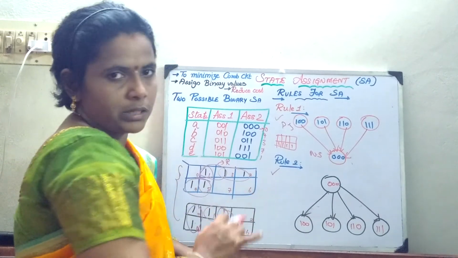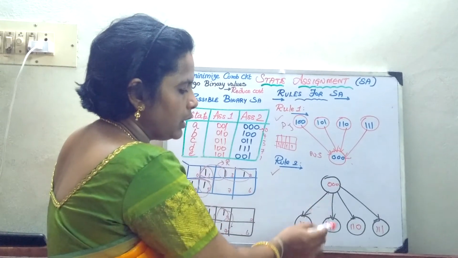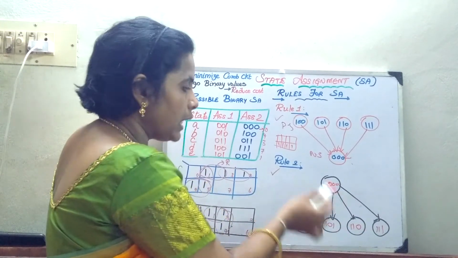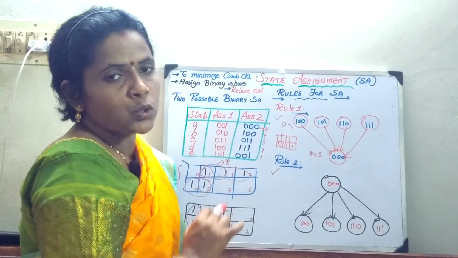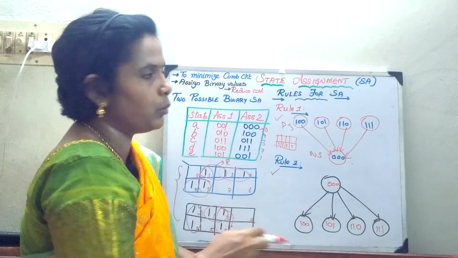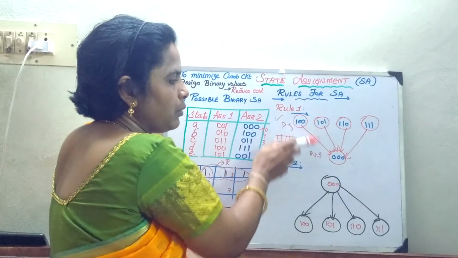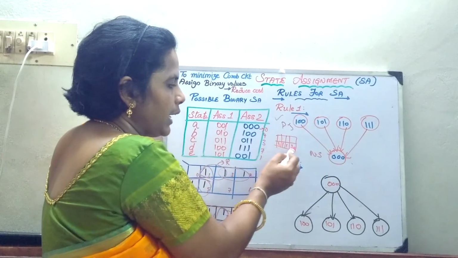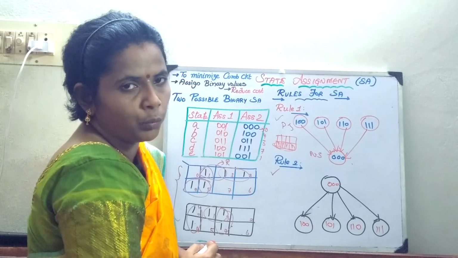The second rule is just the vice versa. If the same state has different next states, then those cells can be grouped adjacently in the K-map. So with respect to the next state and the present state, these rules have been derived. The first rule states that if 4 states have the same next state, you can go for a 4-cell grouping in the K-map.